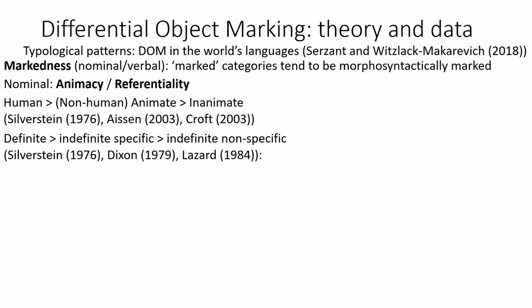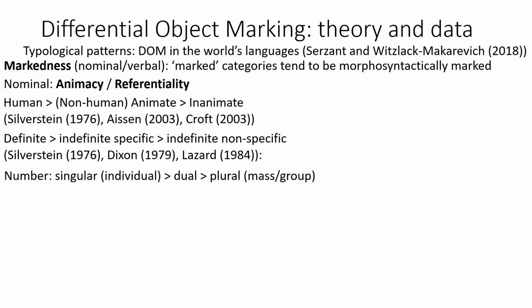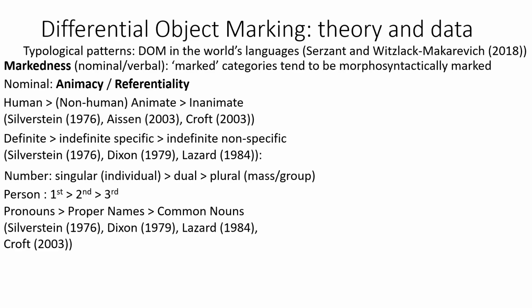Similarly, we would expect marking on definite nouns and no marking on indefinite non-specifics. Also grammatical number: singular individuals are more likely to be marked than plurals, mass, or group nouns. Person: first person, second person, and third person. Also noun types: pronouns and proper names tend to be more likely to be marked than common nouns.